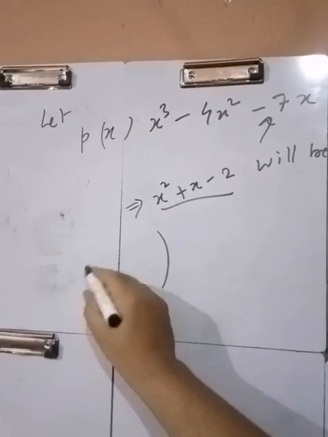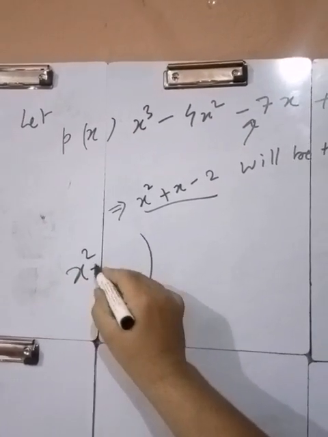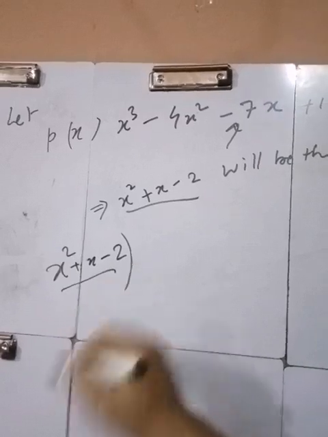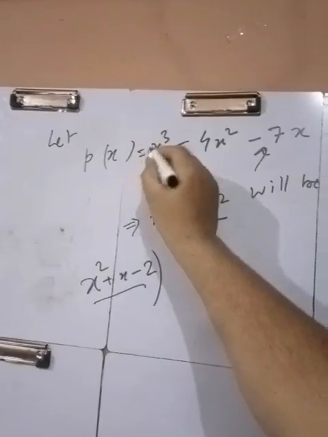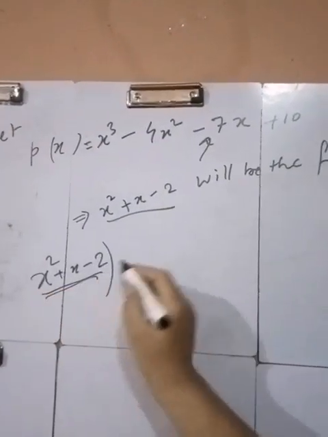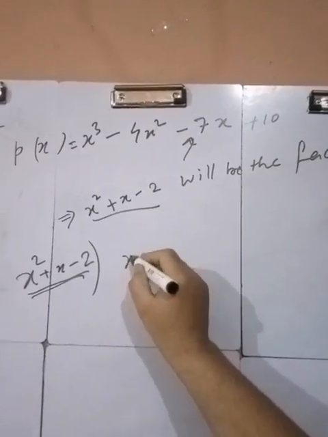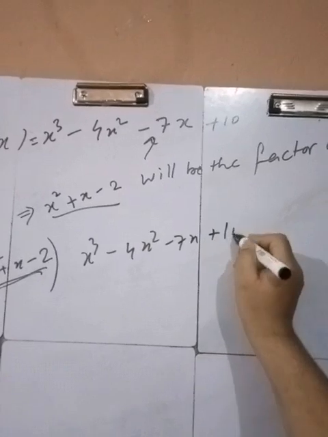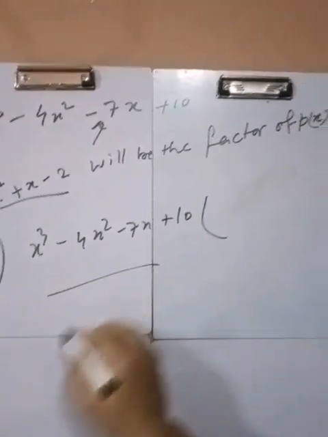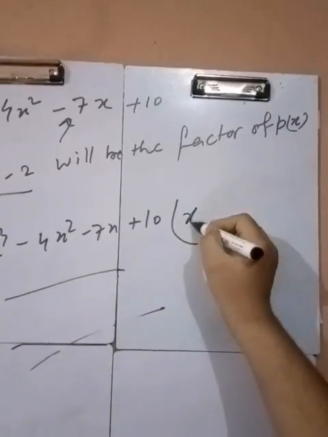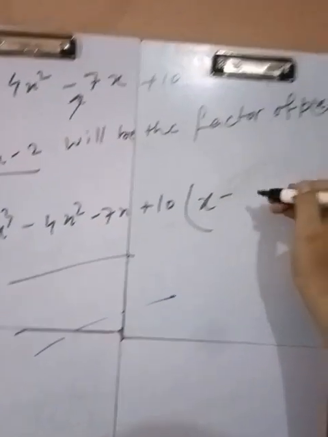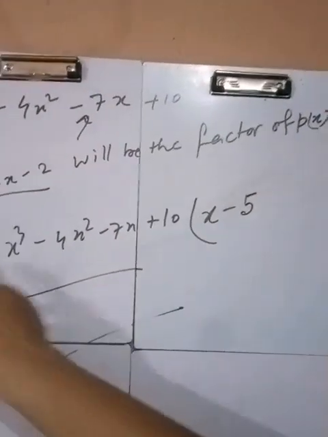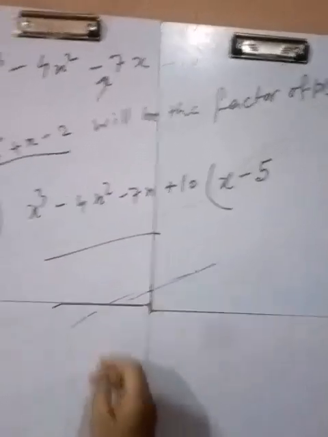We divide: x square plus x minus 2 will be our divisor, and Px, x cube minus 4x square minus 7x plus 10, will be our dividend. If you divide, you will get the quotient x minus 5.